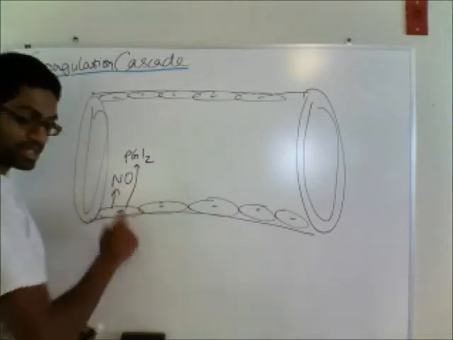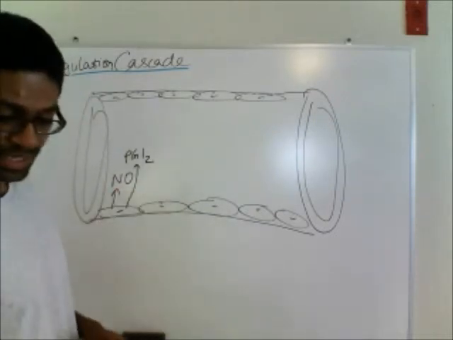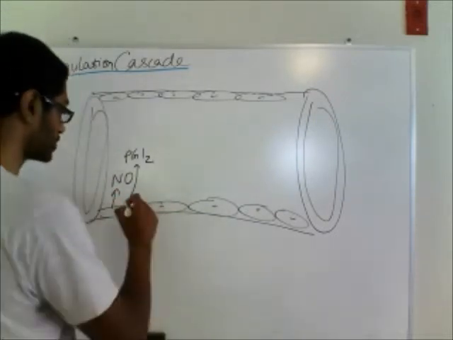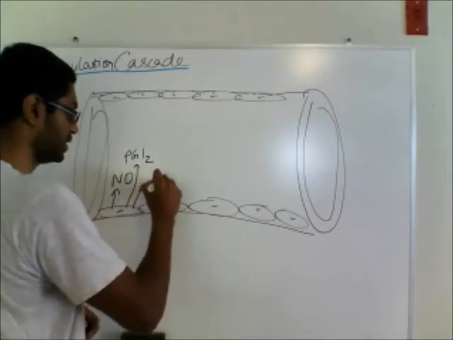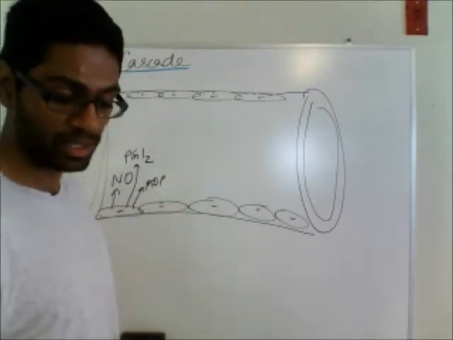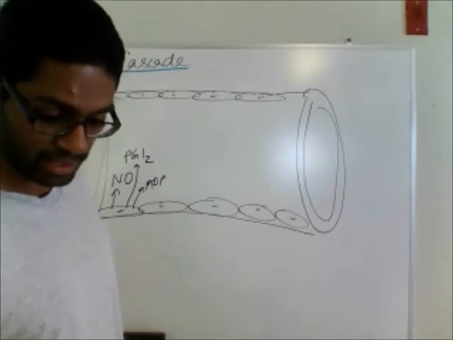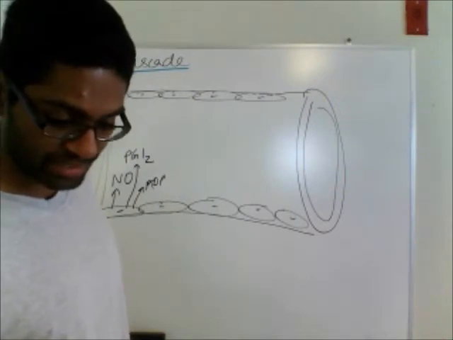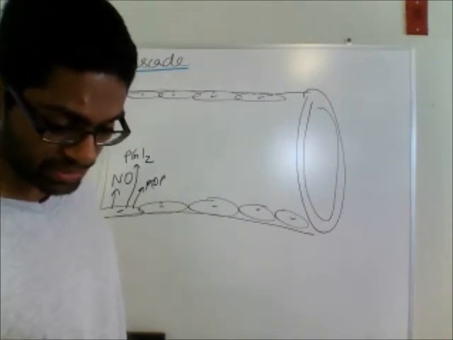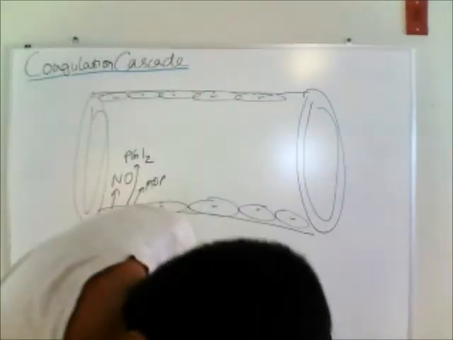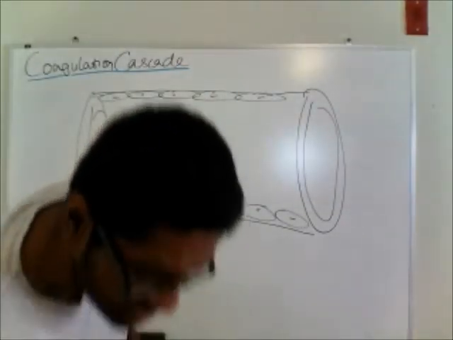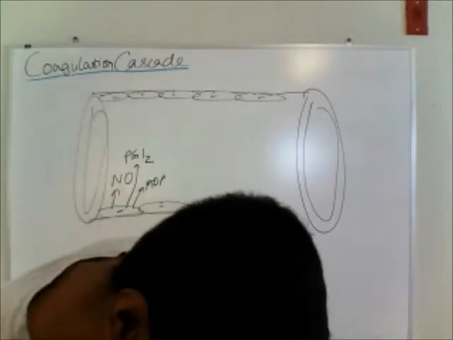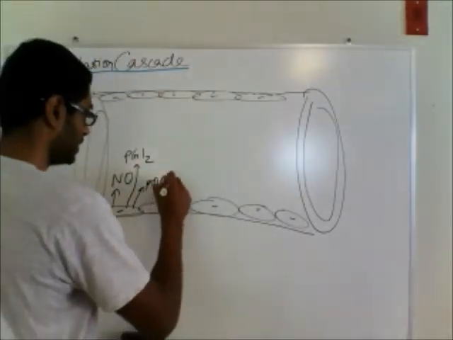So anyway, you have nitric oxide, prostacyclin, which is PGI2, and of course ADPase. Sorry, I said ADPP.